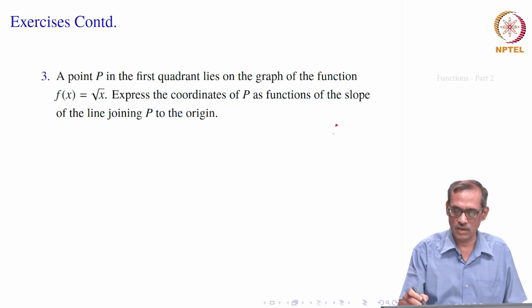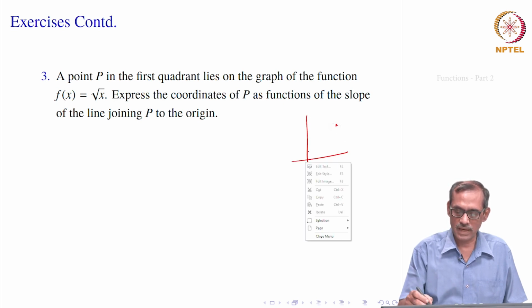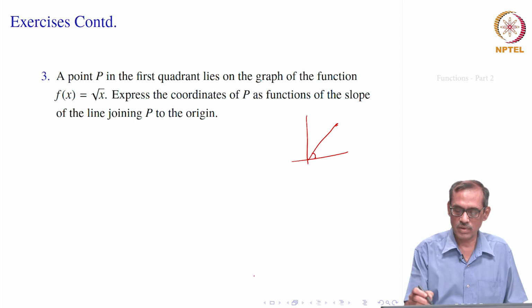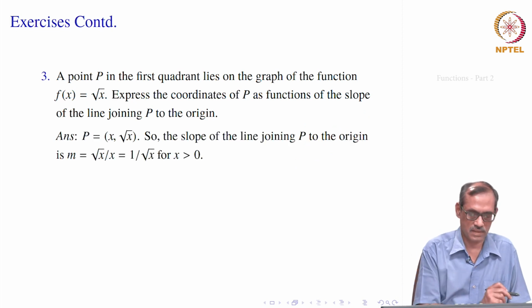So, take a point on that curve, and you have the origin. The slope of this line is tan of this theta. We have to express these coordinates as functions of this slope. That is what is being asked.